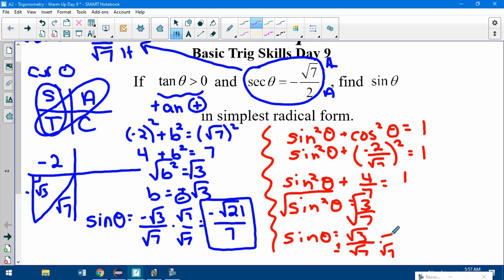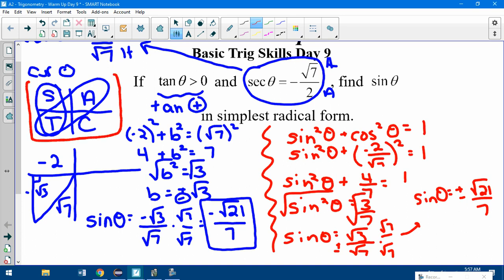Multiply top and bottom by radical 7, and I get sine of theta equals plus or minus radical 21 over 7. Now again, the downside in my mind to this situation is that I still have to use this information to figure out, okay, if I'm in the third quadrant, is sine positive or negative? It's negative. So there's my answer. All right, so your choice which way you want to go. I tend to go more towards the picture way, but it's up to you as long as you're getting the right answers.